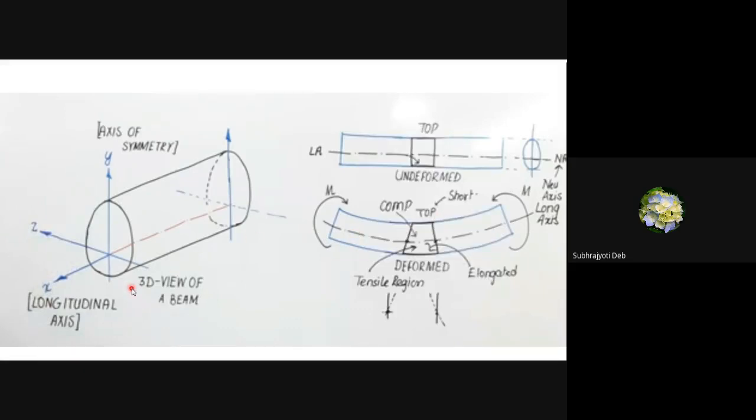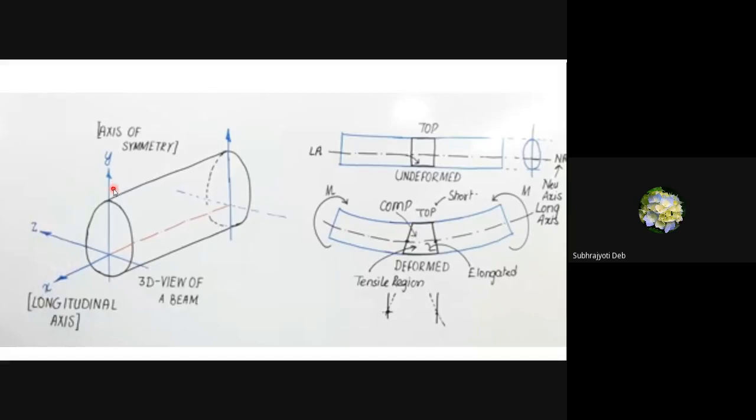So this is a 3D view of a beam. So we have three axes. See, this y-axis is known as the axis of symmetry. Okay, why axis of symmetry?